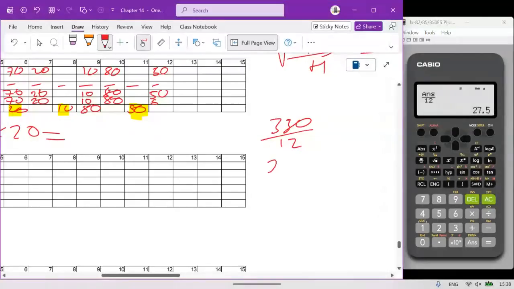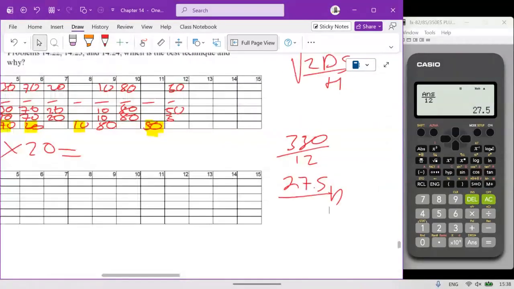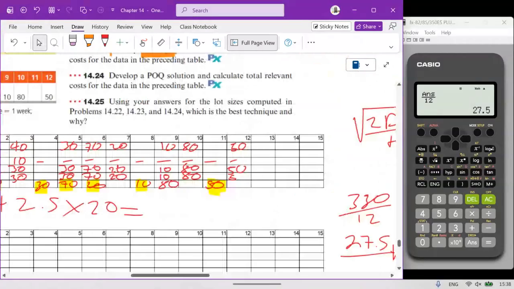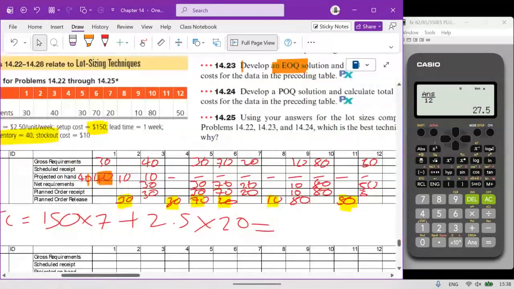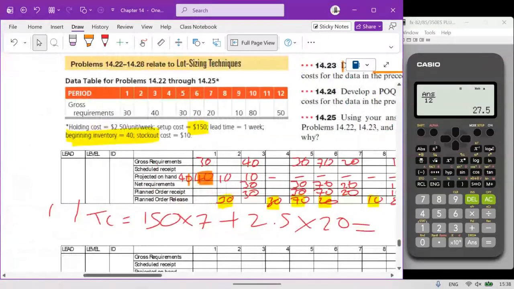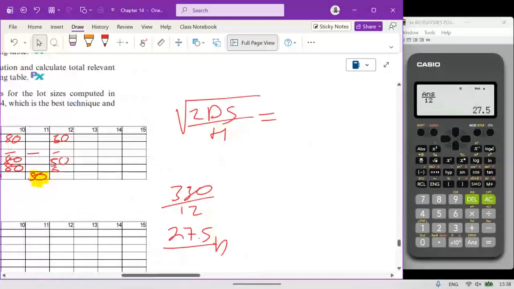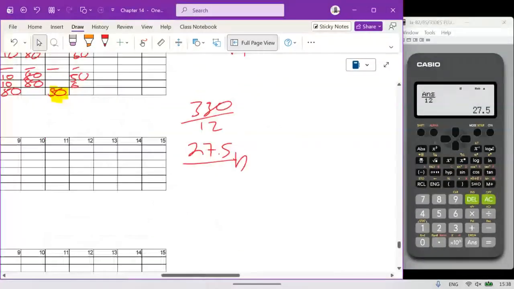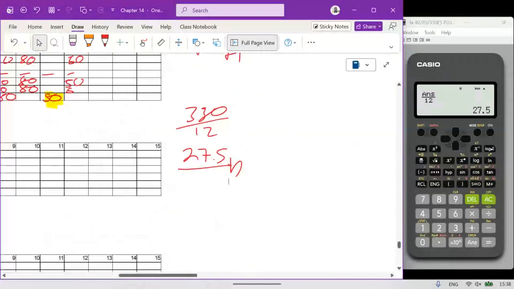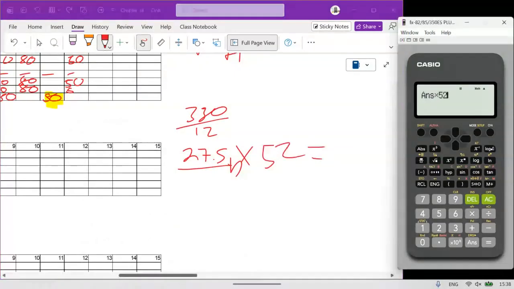Which is 27.5. Okay. Then once you have your 27.5, that's per week again, you multiply by your 52. Then that becomes times 52 weeks.